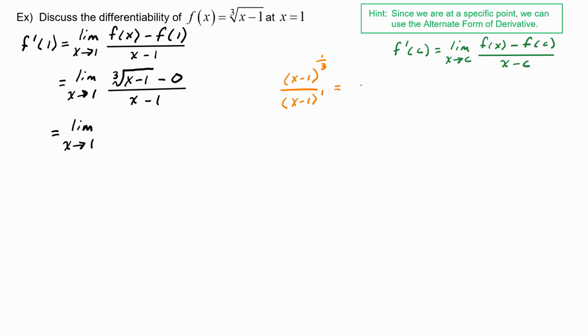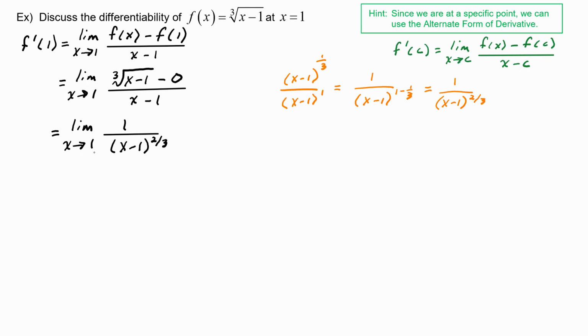So then that means this is going to be 1 over x minus 1 to the 1 minus 1/3. So that's going to be 1 over x minus 1 to the 2/3. So that's what we put right here, 1 over x minus 1 to the 2/3 power.